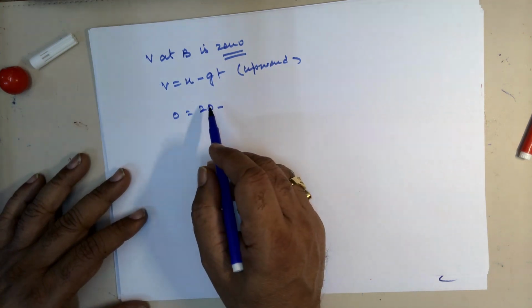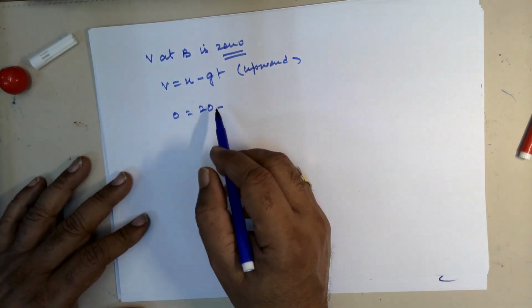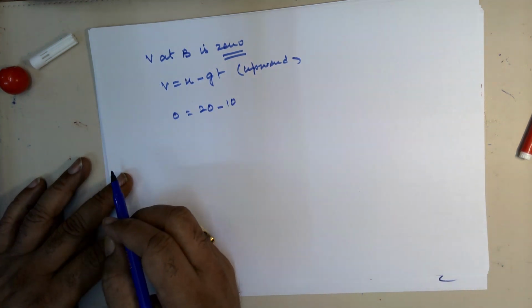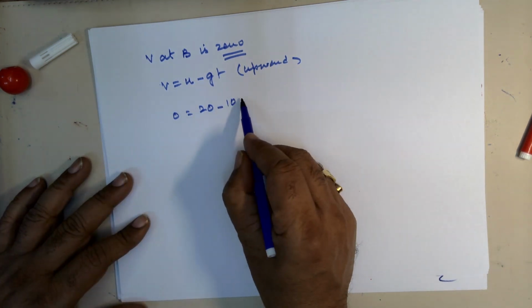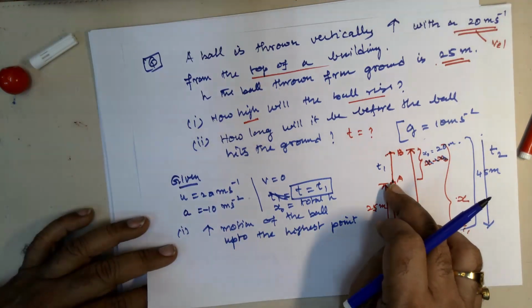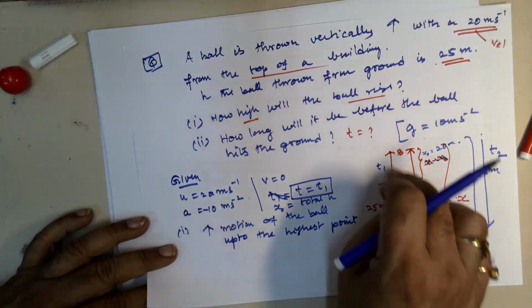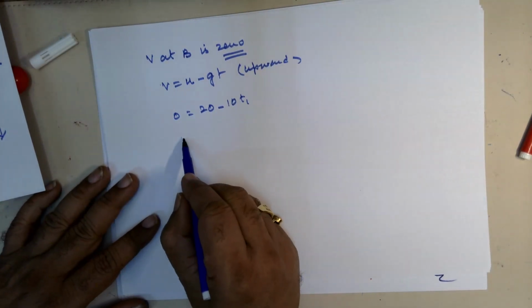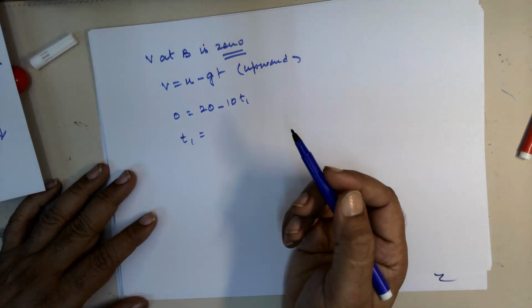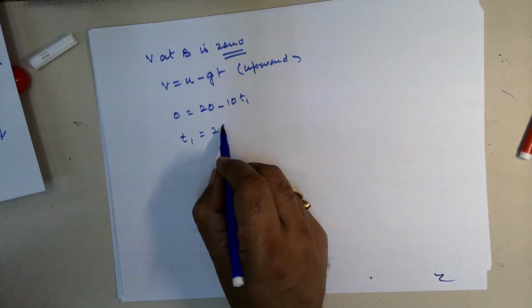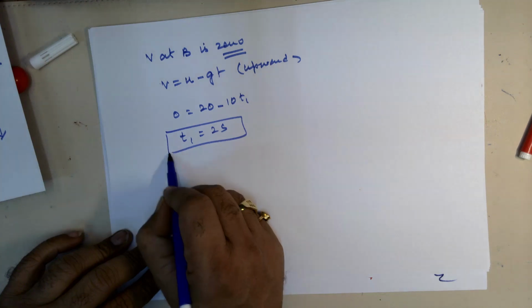And then what is G? 10 meter per second square. And then T1. Because this T1 is nothing but the time traveled by this ball from A to B, right? So now tell me what is T1? 2 seconds. Okay. Please make a note of it.